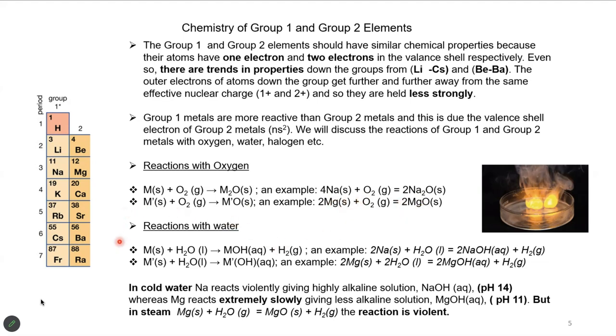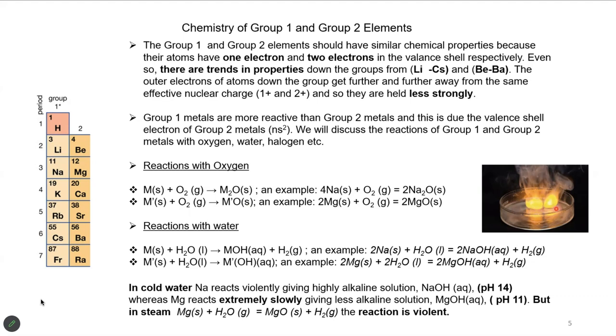If we react these elements with water, what happens? In general, it should give us metal hydroxide. Well, here is a picture I show. This is sodium. We just dropped it in water. It started being a ball of fire like this, so violent, and slowly this ball reduces in size and then vanishes.